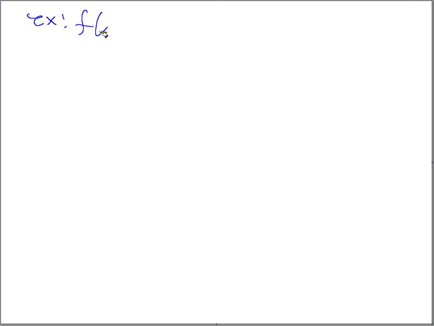Let's take a look at f of x. f of x, make it equal to, let's say, 3x plus 2 times the quantity 7 minus 3x, all that to the 1/12 power.